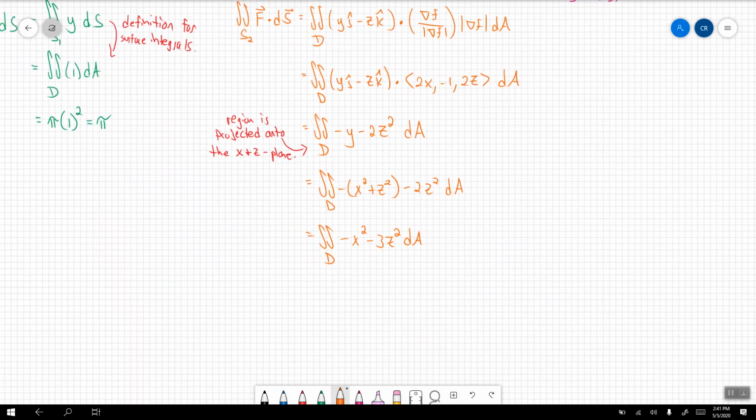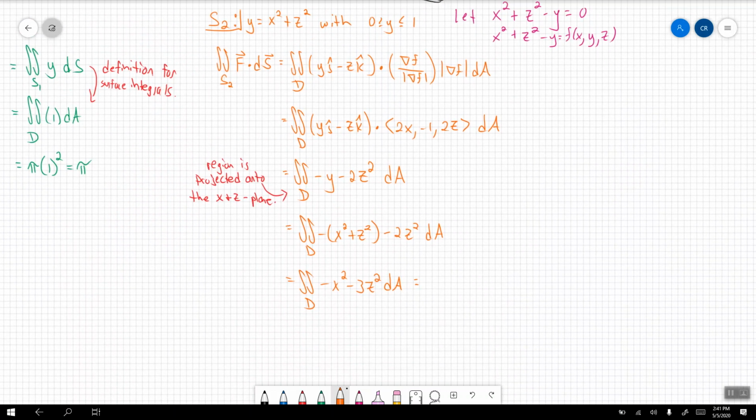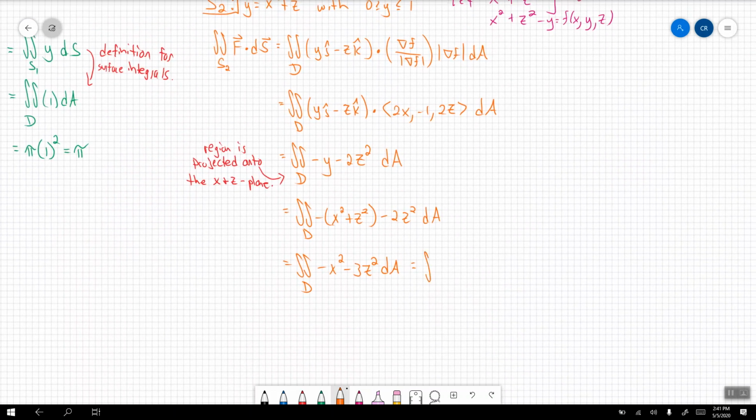So that must mean that when we want to evaluate this, all we need to do is integrate over that disk in polar coordinates. Theta goes from 0 to 2 pi, radius is going to go from 0 to 1, because remember, your y values were bounded between 0 and 1.